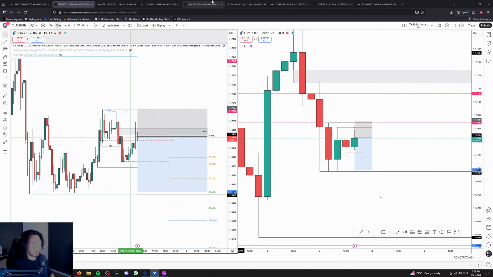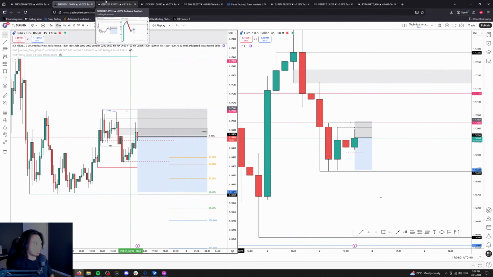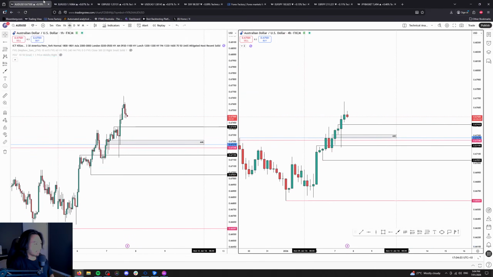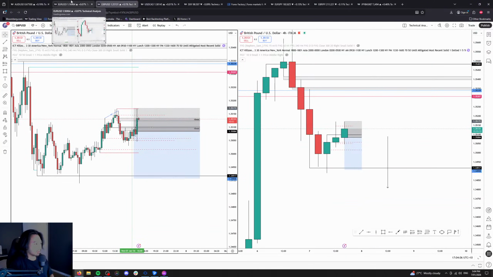Have a quick look at the DXY here. Still holding. AUD USD CAD still pushing bullish.